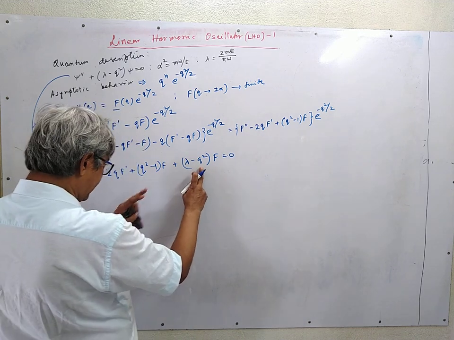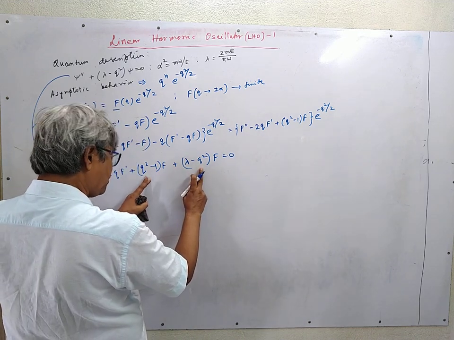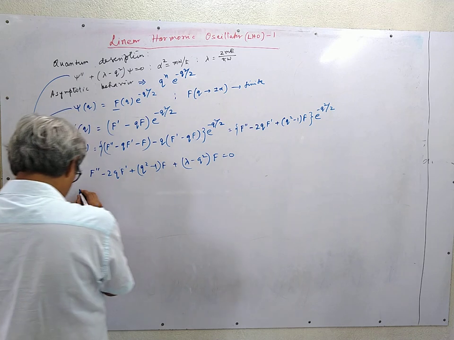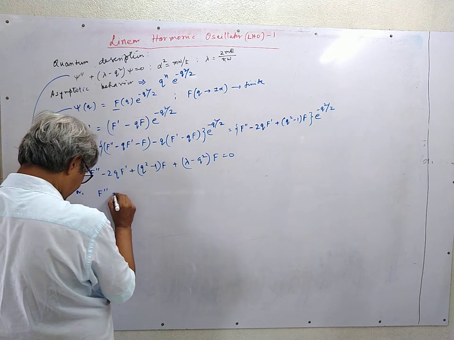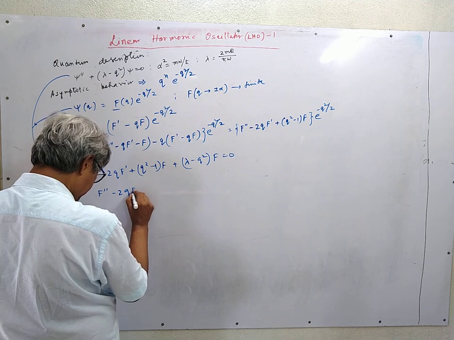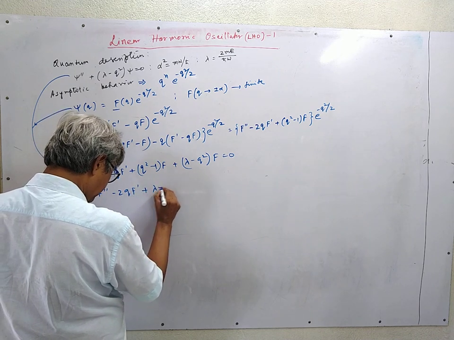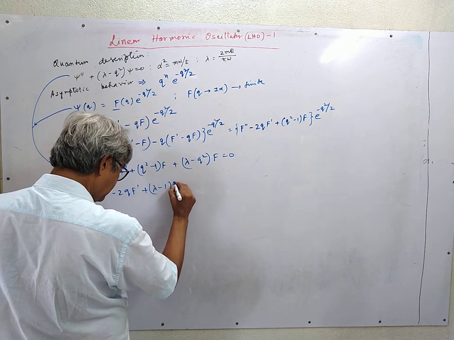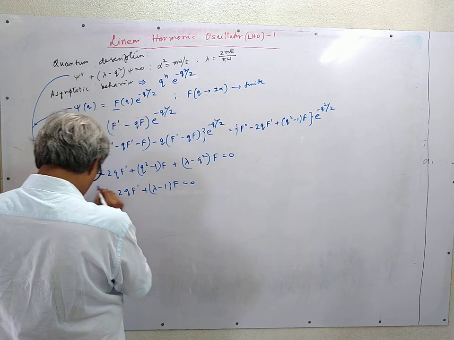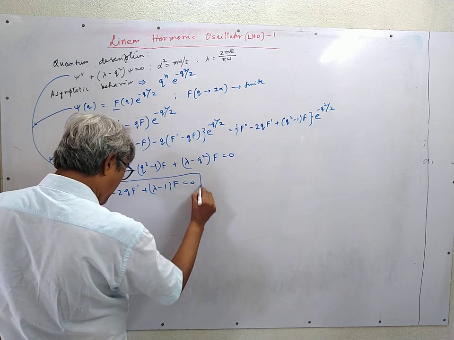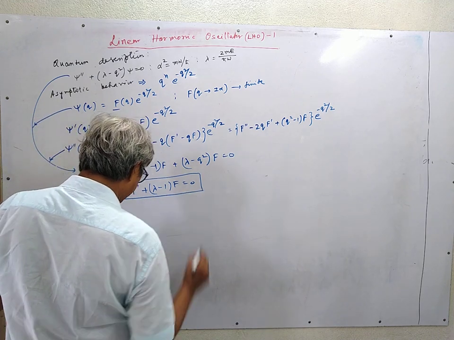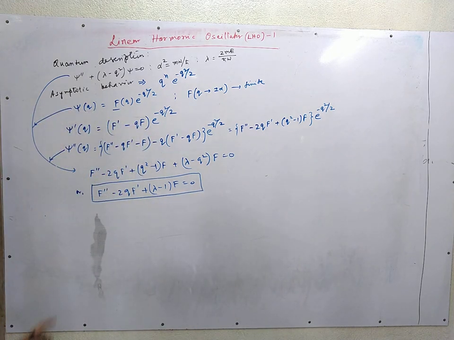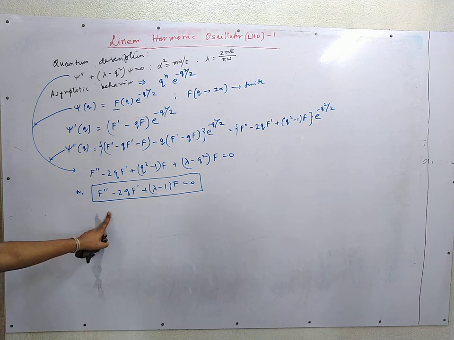This q square f and this plus q square f get cancelled, so we get the differential equation is this. So the quantum mechanical treatment of the linear harmonic oscillator has now reduced to this problem.